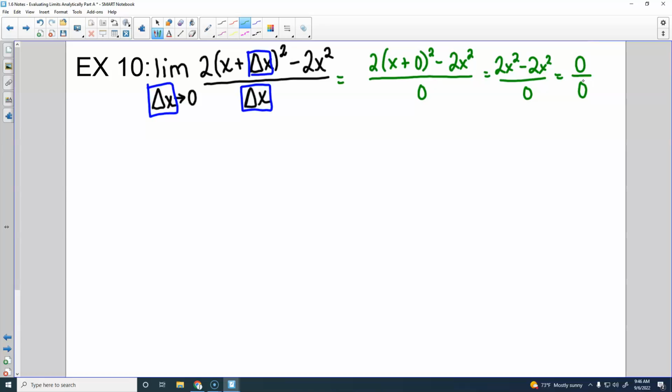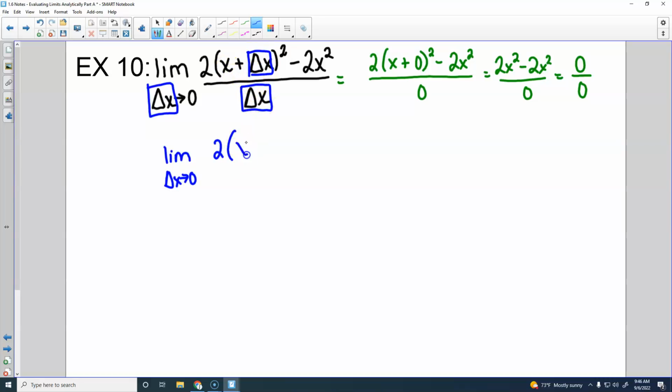So, what we want to do here is, well, not really the opposite, because we're going to do sort of the same thing. It would be nice if we could factor and cancel, but we can't factor and cancel whenever we have this x plus delta x squared, right? We can't factor that. So, we're actually going to expand first. So, we're going to do the limit as delta x approaches 0 of 2 times, and we did this a lot in pre-cal, we can square, double, square, right?